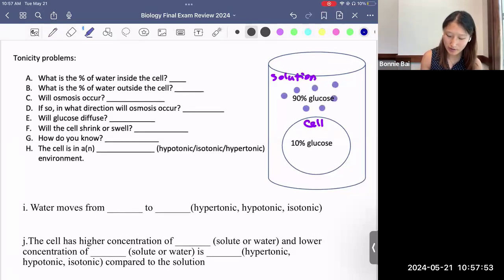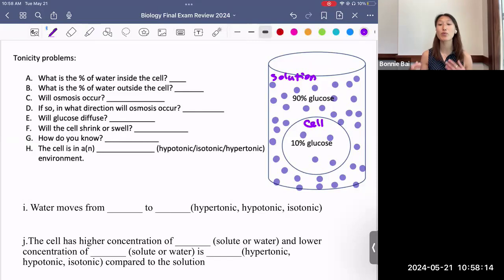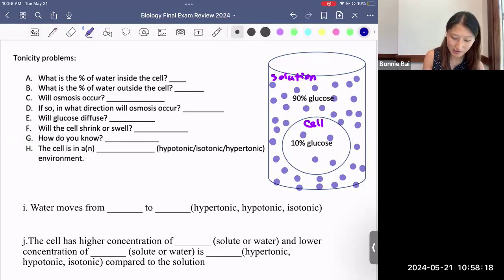And we're going to draw this to help us see very clearly. It's very important for you to draw this so then you can just have it right in front of your eyes and you can tell what to do with your question. So we have a lot more dots on the outside of the cell than inside of the cell, but more importantly, it's really not about the number of dots, it's about how spread out the dots are.